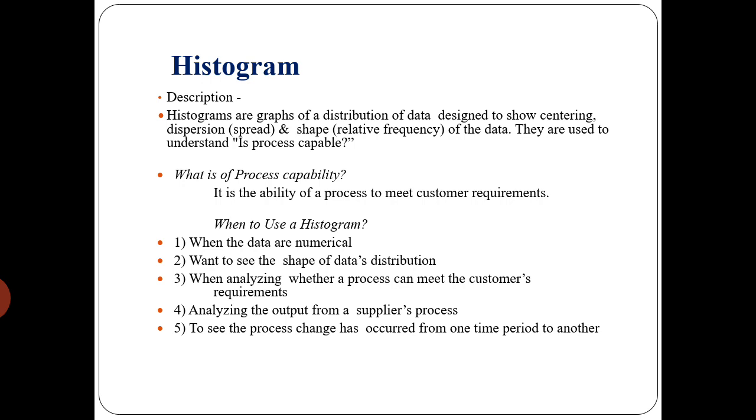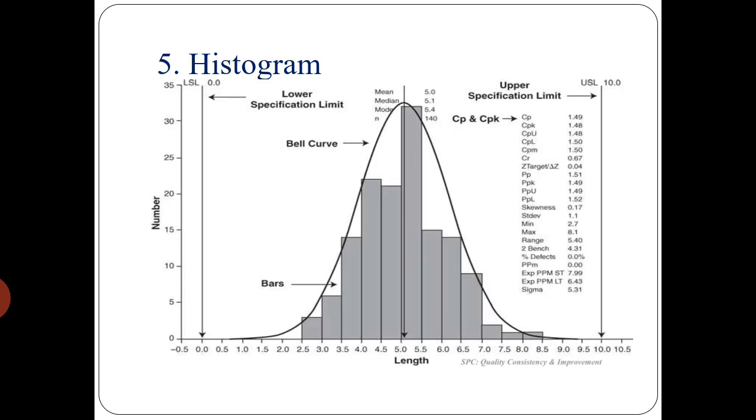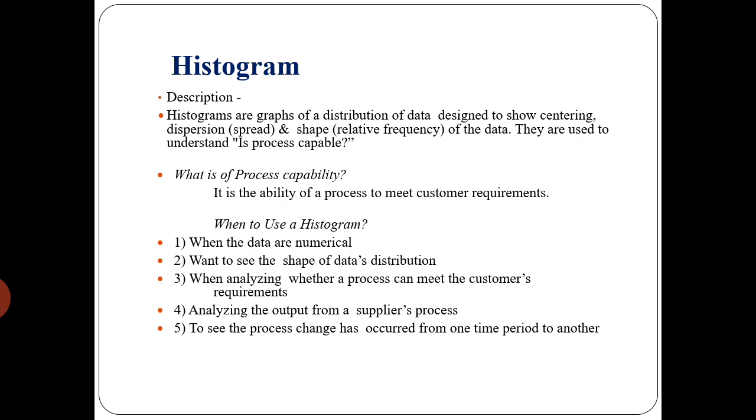On the right side there is an upper specification limit, on the left side there is a lower specification limit. So if this bar distributed data is in between these, then it is capable. Otherwise it is out of control, then the process is not capable to do the work. What is process capability? It is the ability of a process to meet customer requirements.